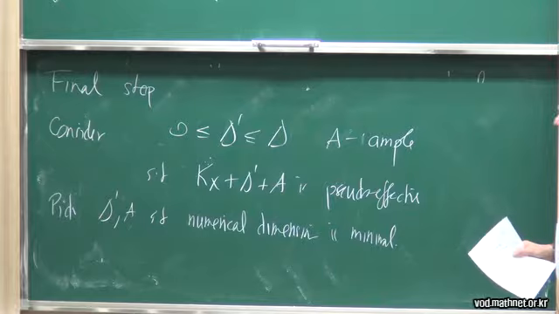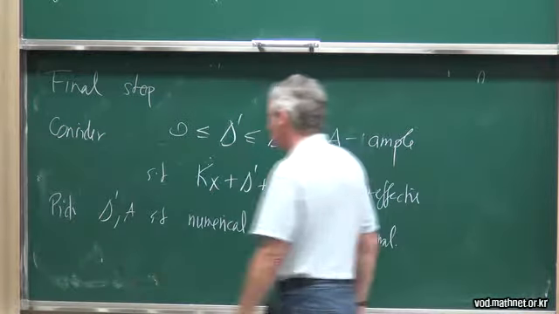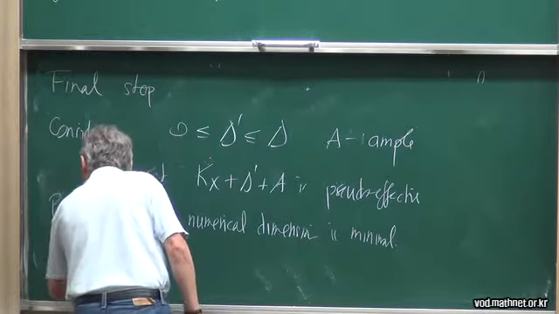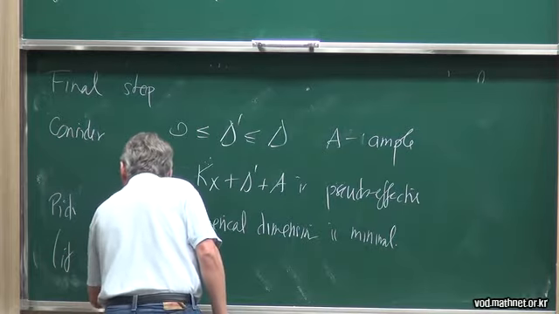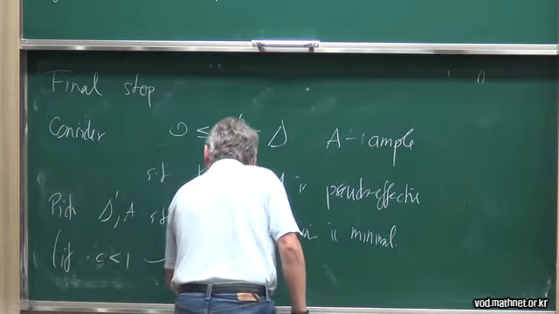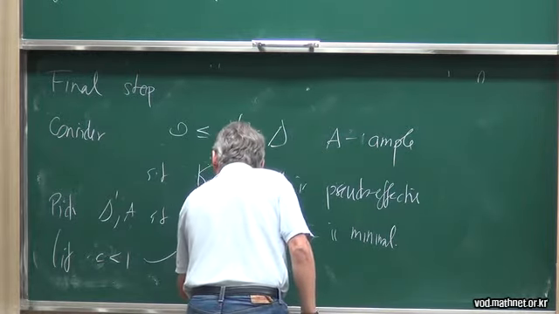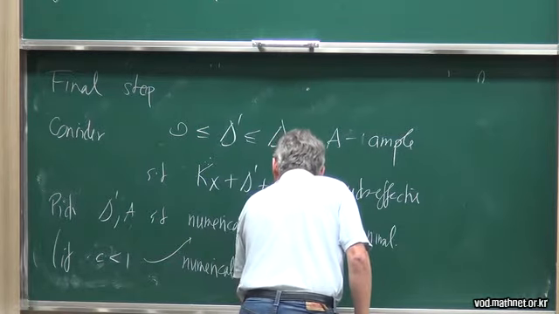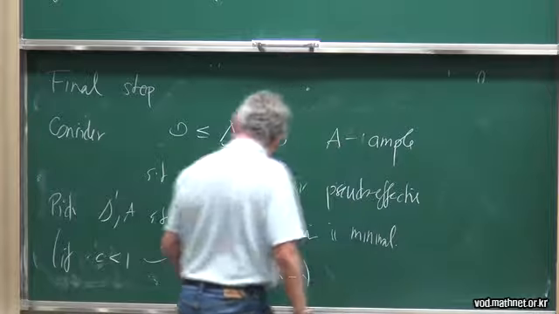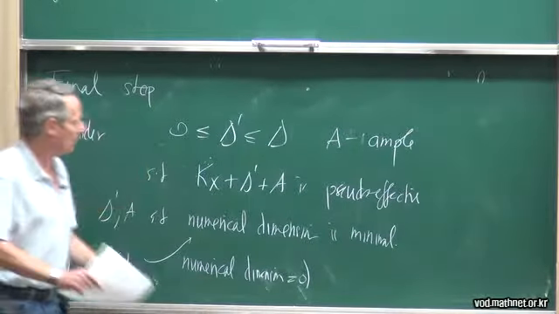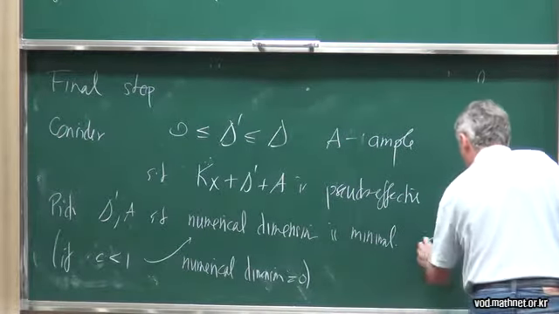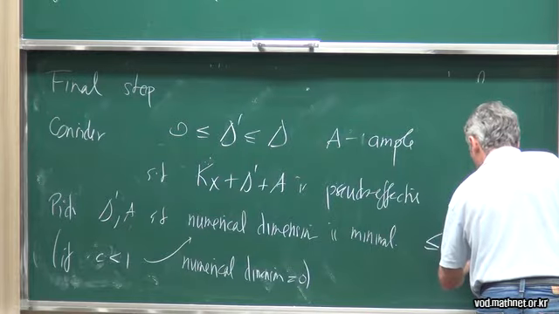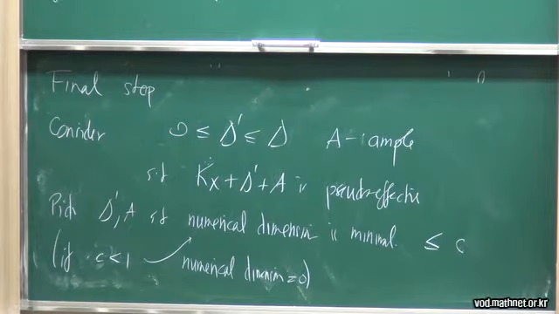And then the point is that, with some argument, if C is less than 1, then you can get numerical dimension equals 0. Actually, you can always get the numerical dimension, so minimal, always less than or equal to C. So it's always less than or equal to C rounded down, because it's an integer, right?